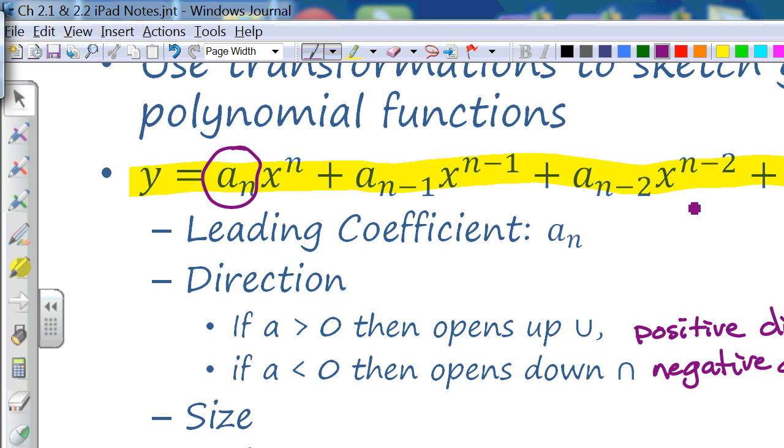Notice that for a positive even degree, it's going to open upwards overall. For a negative, it's going to open downwards, like your parabola does. But the difference comes when I have an odd degree.